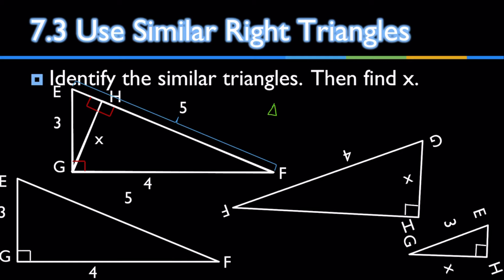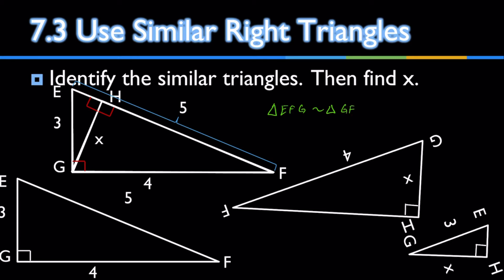So I can say triangle EFG is similar to, well, EF is the hypotenuse of the outside large triangle. So the hypotenuse of the medium triangle is GF.